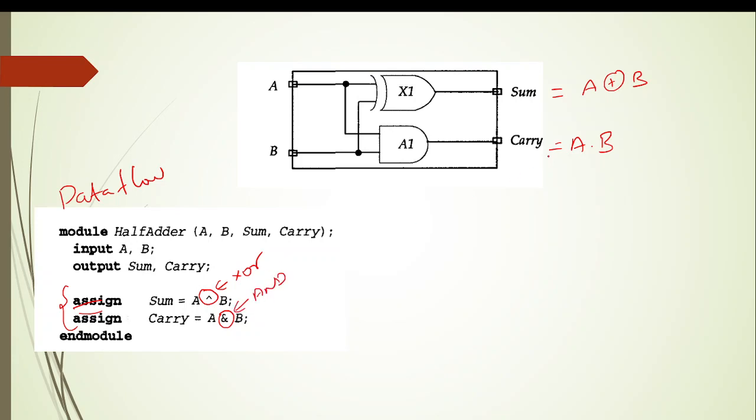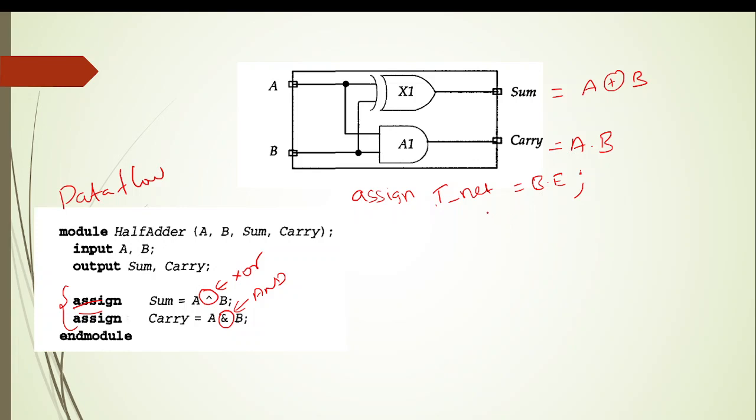So I simply implemented what we have here. I'll give the syntax for the continuous assignment statement: assign, target net equal to Boolean expression, semicolon.